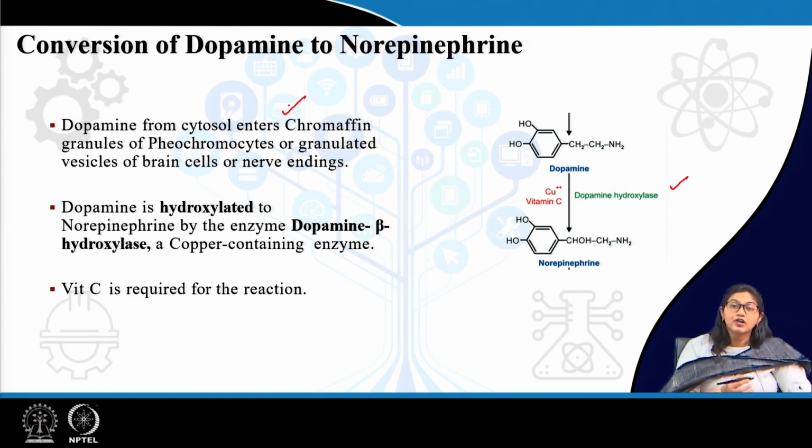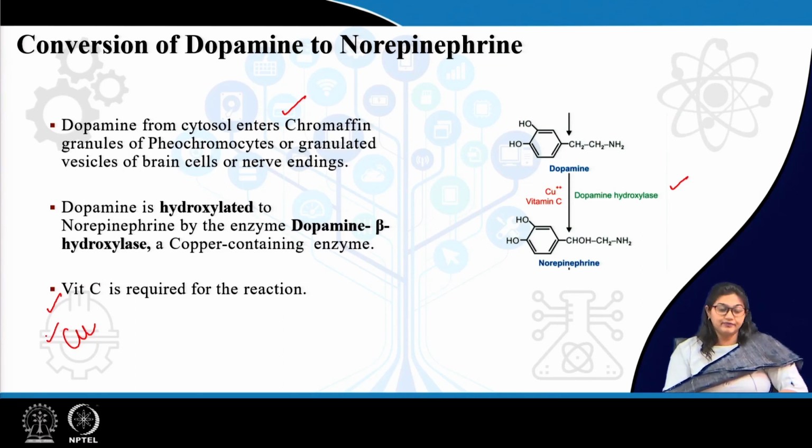So, first the reaction was in mitochondria, from mitochondria it comes out to cytosol, from cytosol it enters the chromaffin granules for hydroxylation, where dopamine is hydroxylated to form norepinephrine with the help of the enzyme dopamine beta hydroxylase. And remember, this enzyme is a vitamin C as well as copper ion dependent enzyme.